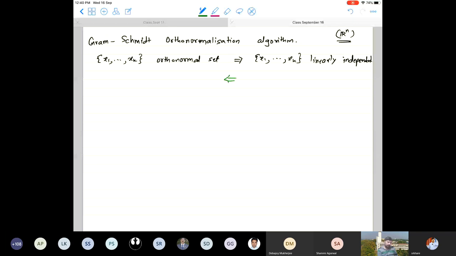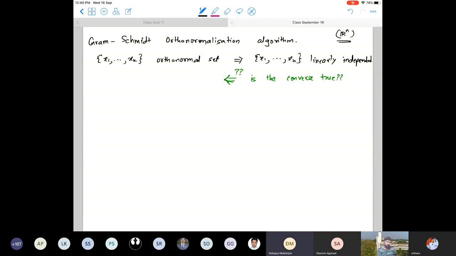The question is, is the converse true? Is every linearly independent set also an orthonormal set? That's the question we are asking. What is the answer? No, obviously no. Why is it so?